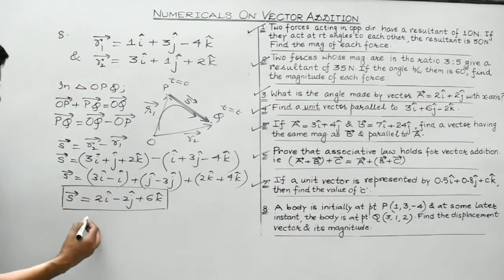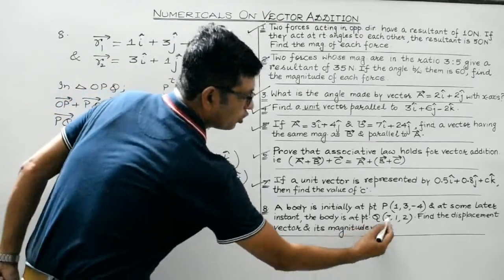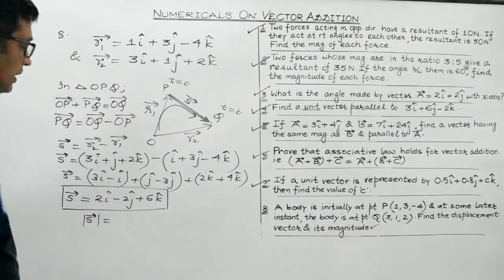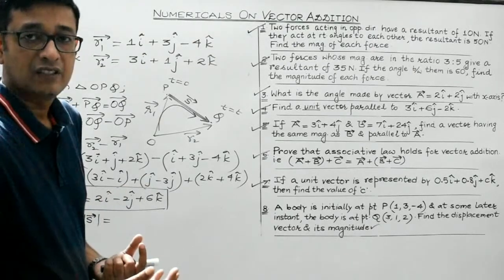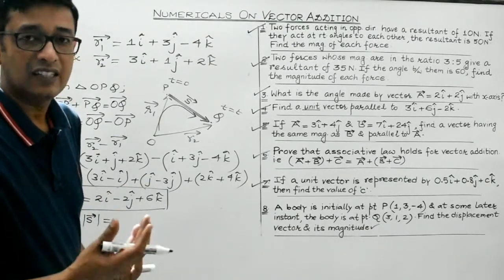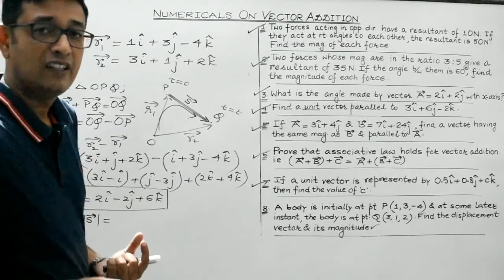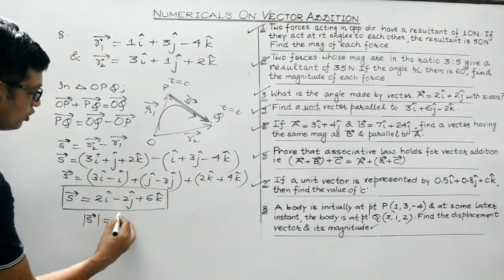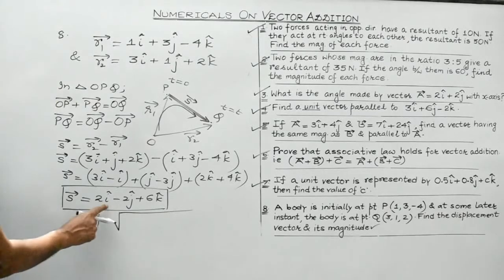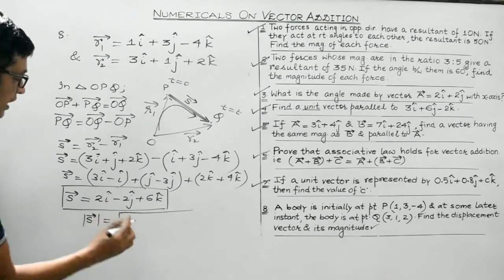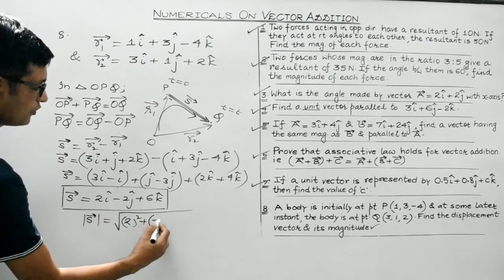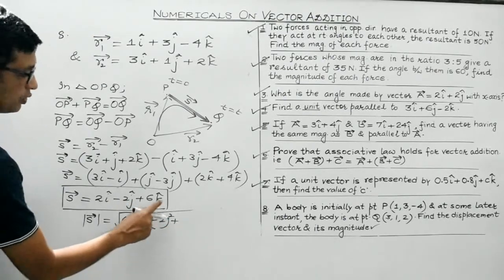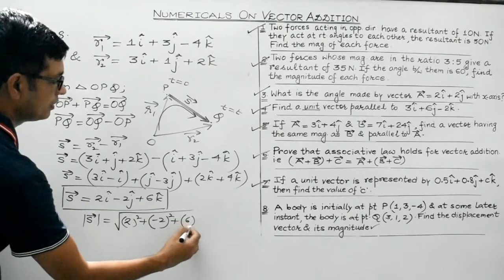Now regarding its magnitude, the magnitude is also to be determined, right? Magnitude of the displacement. So whenever a vector is given in terms of i, j, k, that is rectangular components, then its magnitude is given by the square root of the square of the coefficient of i cap plus the square of the coefficient of j cap plus the square of the coefficient of k cap.